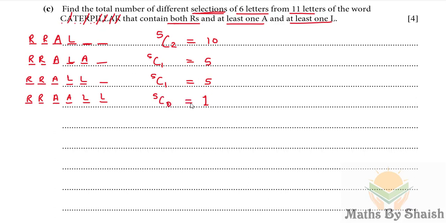So 5C0 is 1. So the total number of different selections would be 10 plus 5 plus 5 plus 1, that is 21. So these are the total number of different selections of 6 letters with this condition. I hope it is clear.